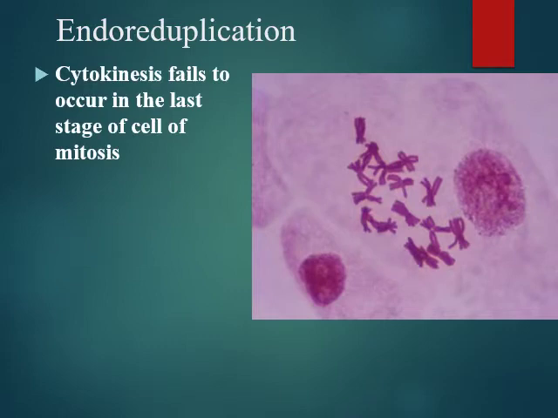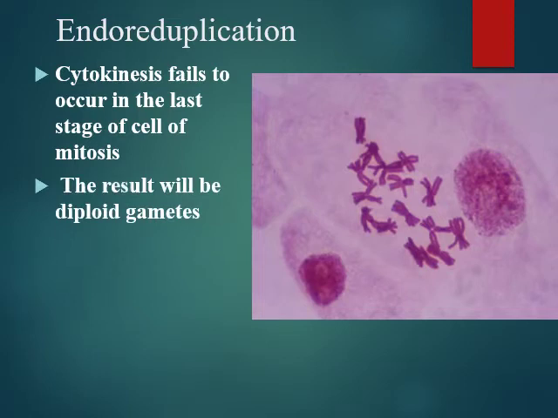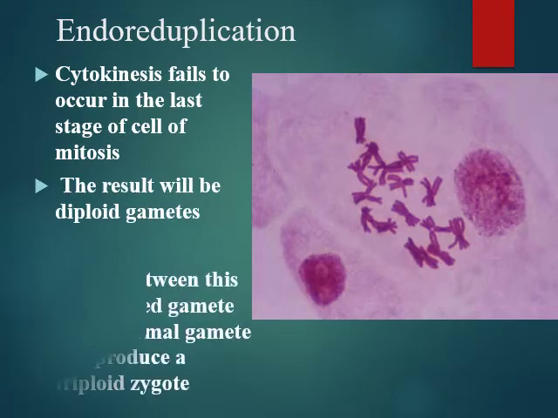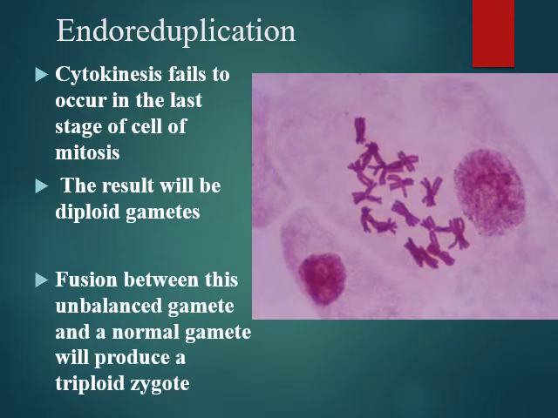In endoreduplication, cytokinesis fails to occur in the last stage of mitosis. The result will be a diploid gamete. The fusion between this unbalanced gamete and a normal gamete will produce a triploid zygote.